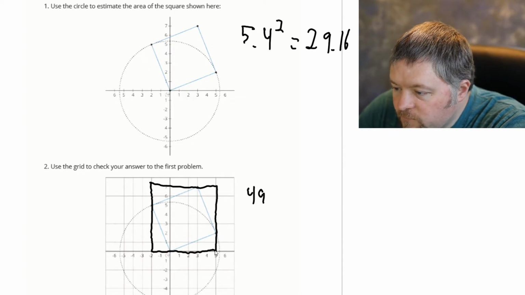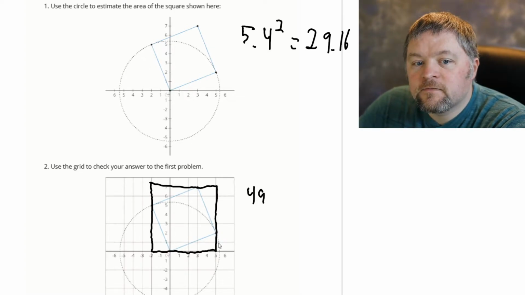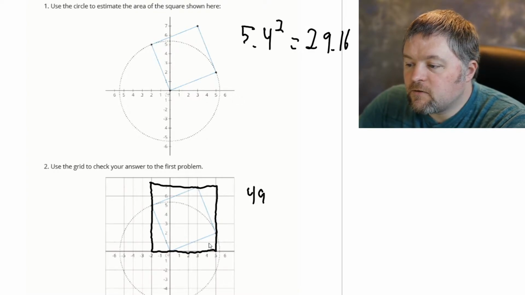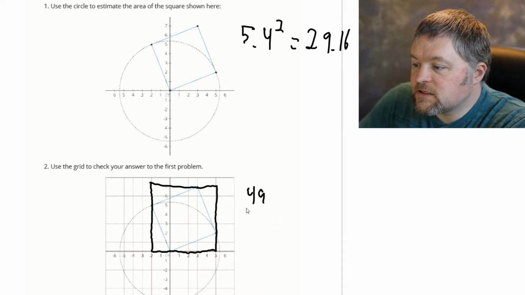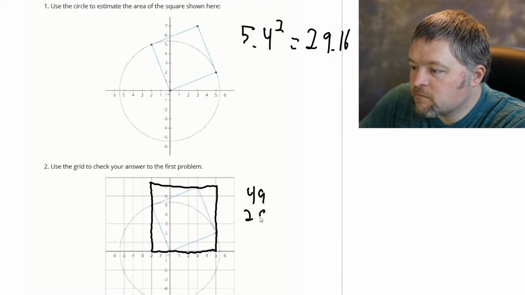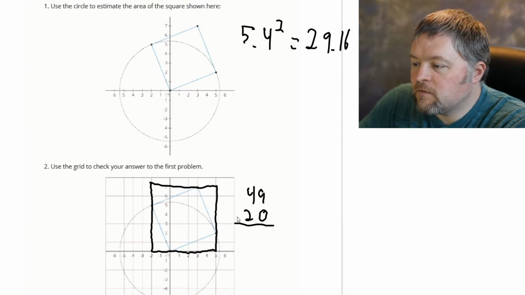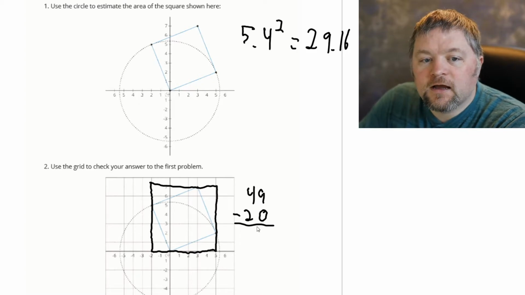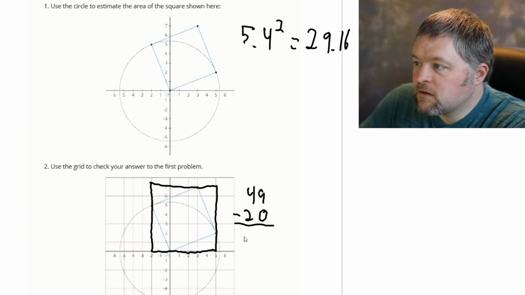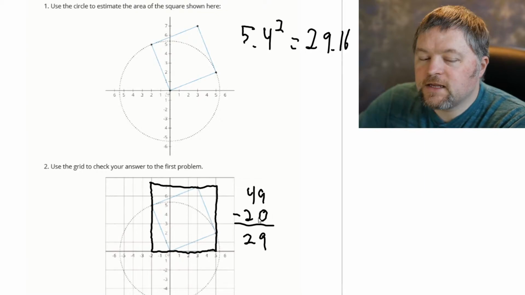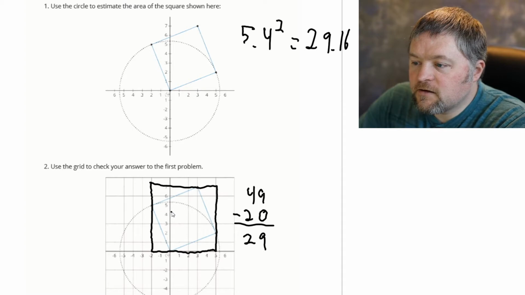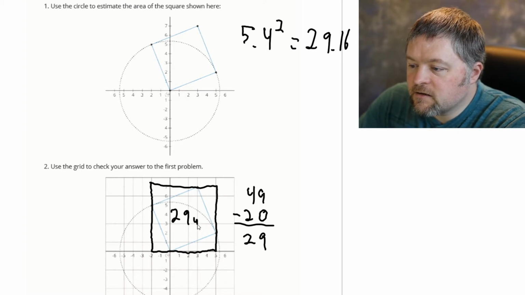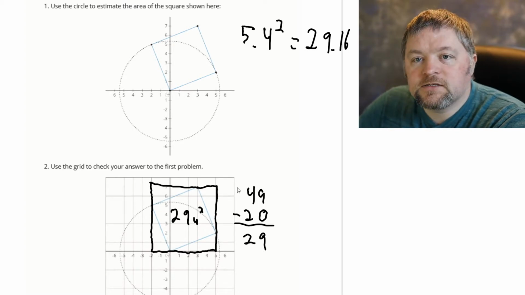Height of 2. 5 times 2 is 10. 10 over 2 is 5. 5, 10, 15, 20. The area of those four outer ones is 20. 49 subtract 20 is 29. So the area of that square is 29 square units.